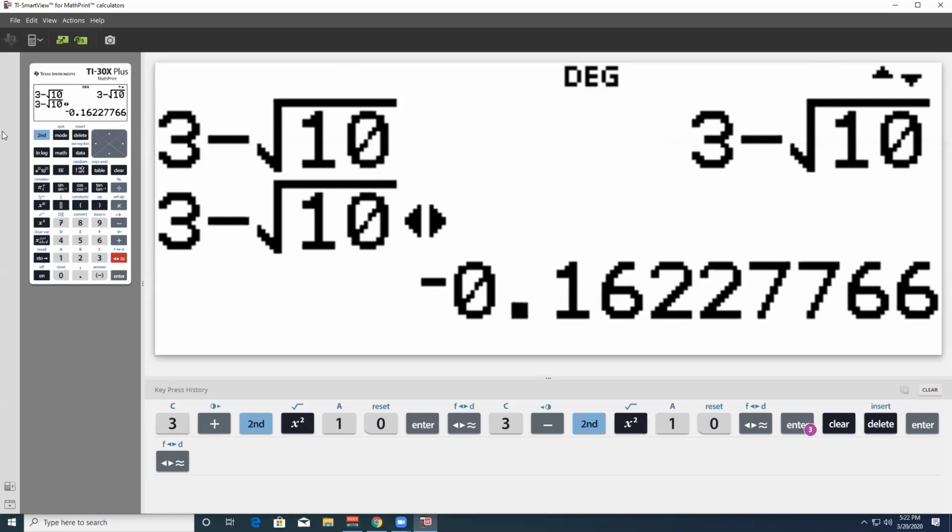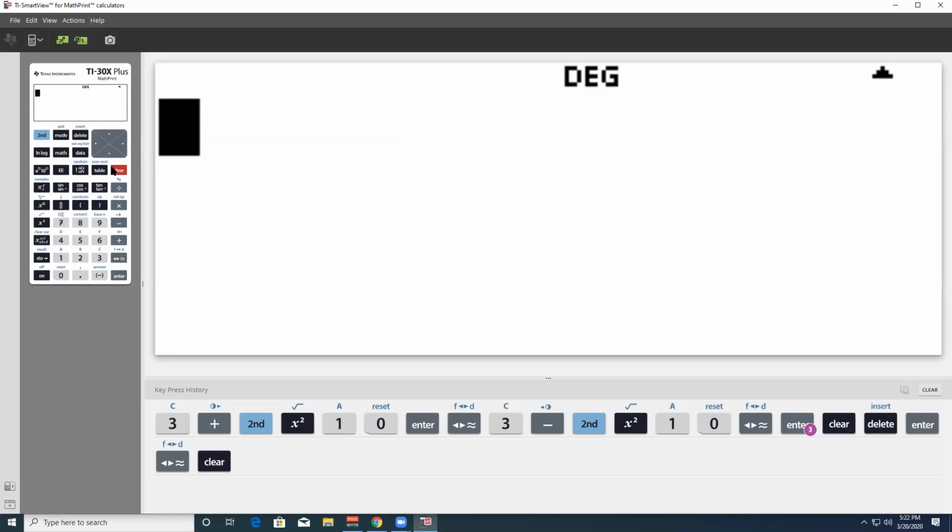Okay. Another fun thing, I'll show the graphing calculator as well in a second. Hang on, let me clear that. When we were typing in the square root, if you want everything worked out for you, you have to know how to type it in.